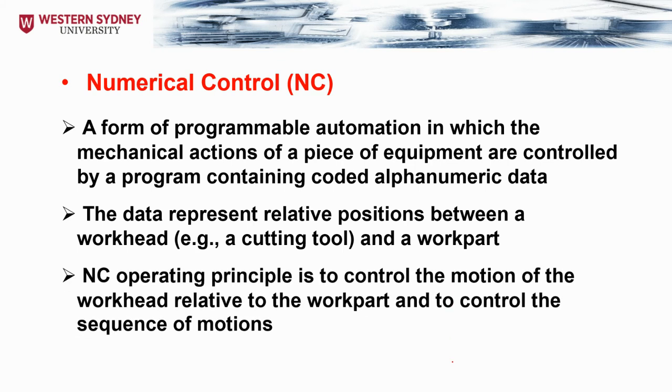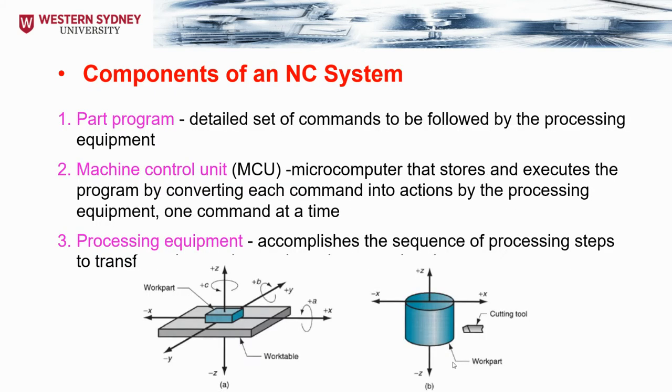The numerical control operating principle is to control the motion of the workhead relative to the work part and to control the sequence of motions. The components we have for numerical control are, first, the part program. Without the program, no numerical control. The part program will contain the detailed sets of commands to be followed by the processing equipment.